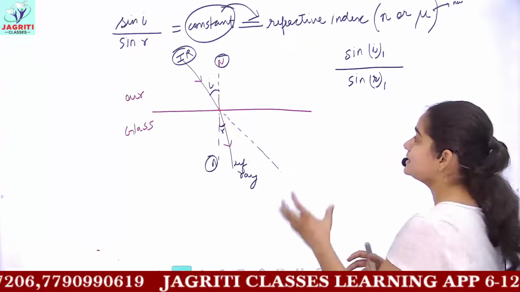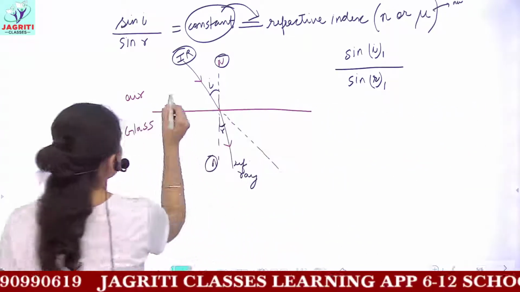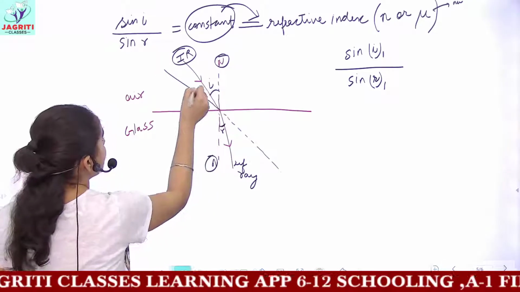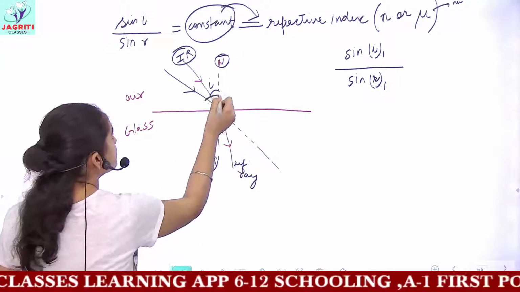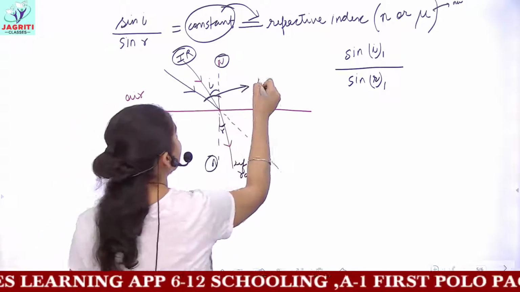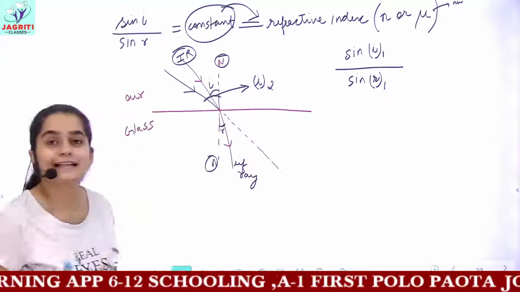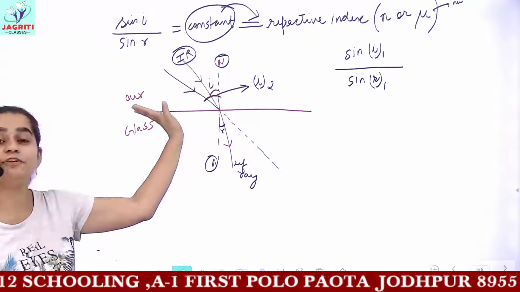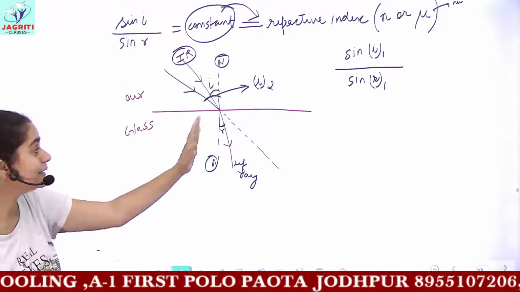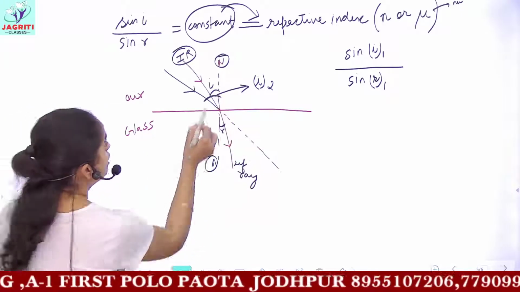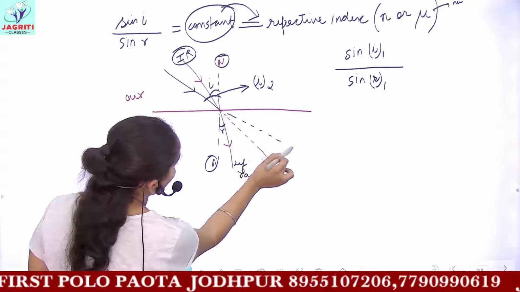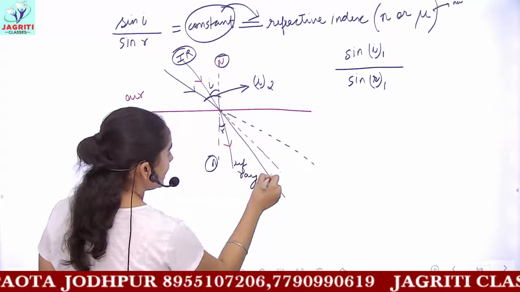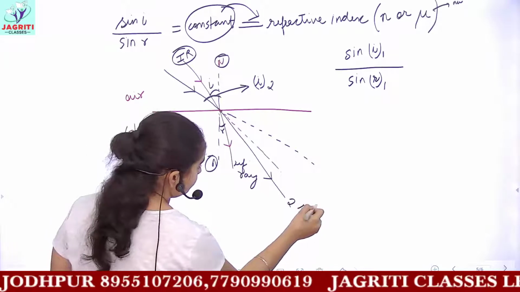Now in the similar condition, I change the angle. The angle of incidence becomes this, so this would be my I2, the second angle of incidence. Whenever you change the angle of incidence, the angle of refraction also changes. This incident ray should have gone straight, but it showed a bending in its path, and this is the second refracted ray.